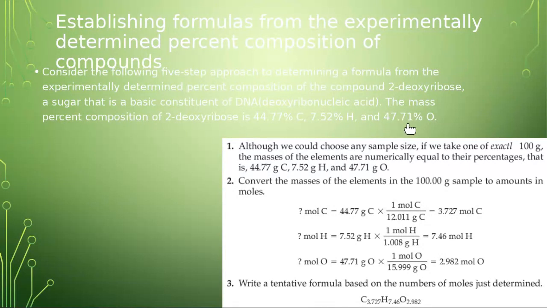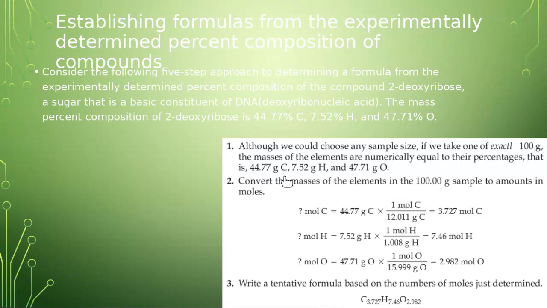Then you can think that this is the gram. First of all, although we could choose any sample size, if we take exactly 100 grams, the masses of the elements are numerically equal to their percentages. You can think that.